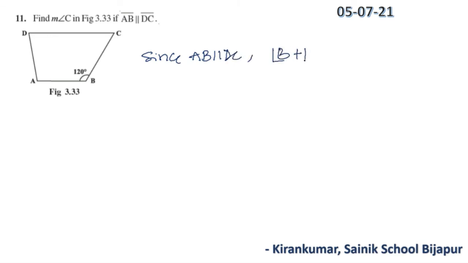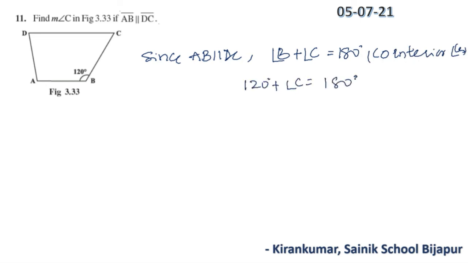Angle B plus angle C will be equal to 180 degrees because they are the co-interior angles. So 120 degree plus angle C is equal to 180 degrees. So angle C is 60 degrees. Therefore, the measure of angle C is 60 degrees.